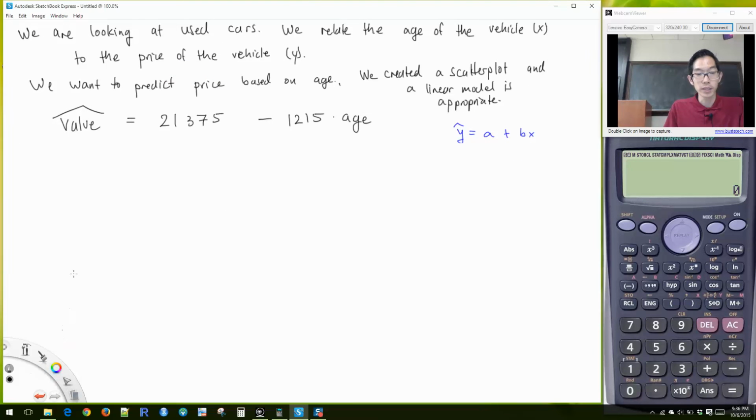So now I'm gonna ask you to make a prediction for the value of a car that is 5 years old. Okay, so age is equal to 5.